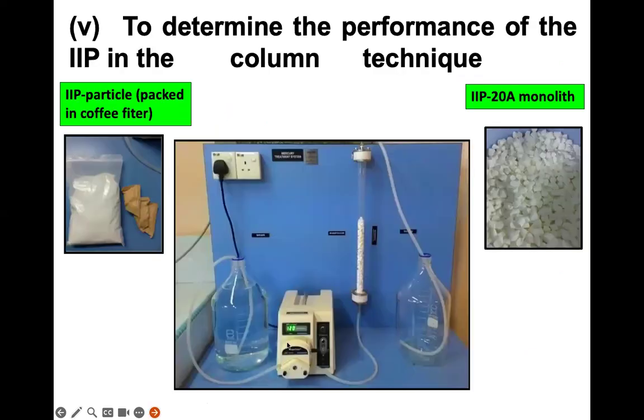So this is an example of column, where we put the imprinted polymer. And this is the waste with mercury, and this is where it moves, and then the mercury is supposed to be trapped here. And then this is the clean water after treatment of mercury.